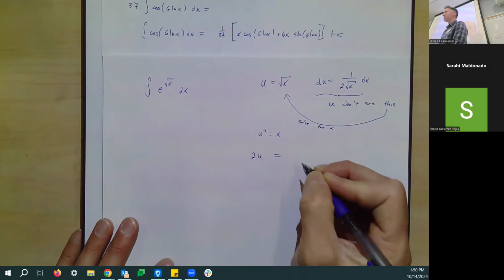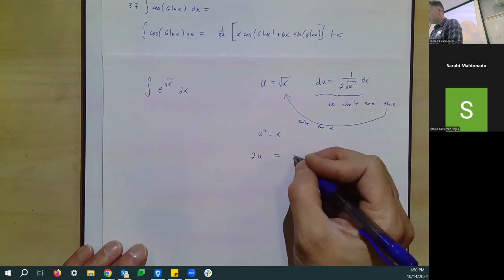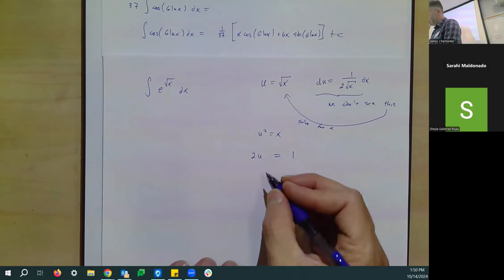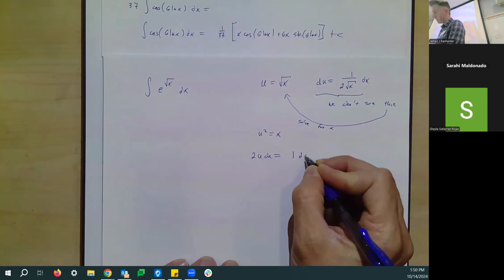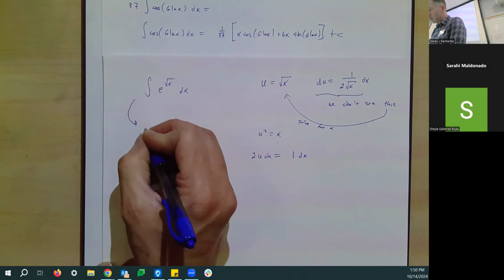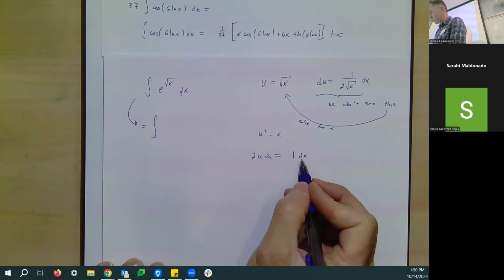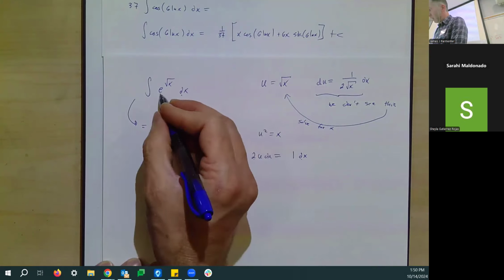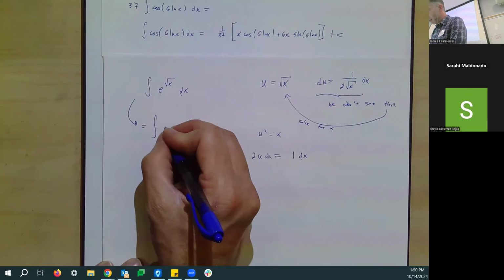What's the derivative of x? 1. Slap on the appropriate d whatevers. A du on the u side, a dx on the x side. And now we're going to rewrite our integral. dx turns into 2 times u times du. And e to the root x becomes e to the u.